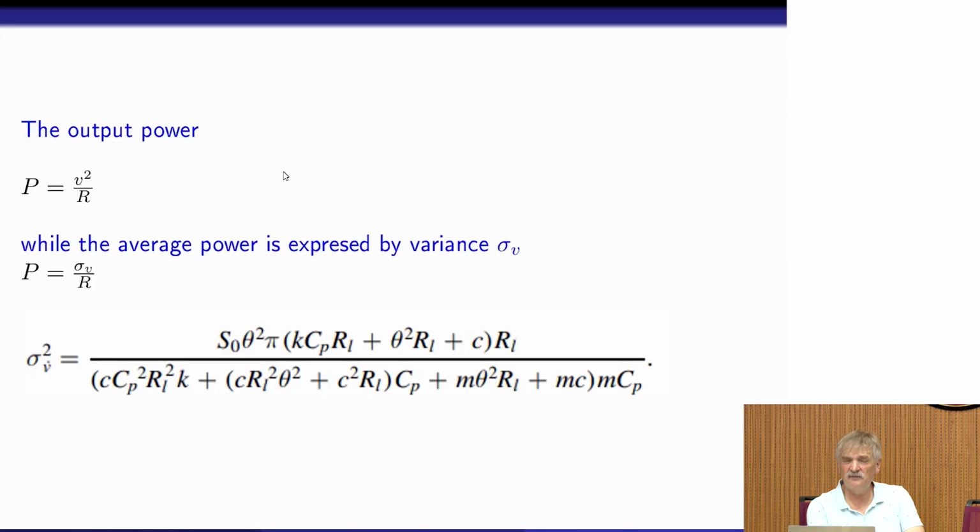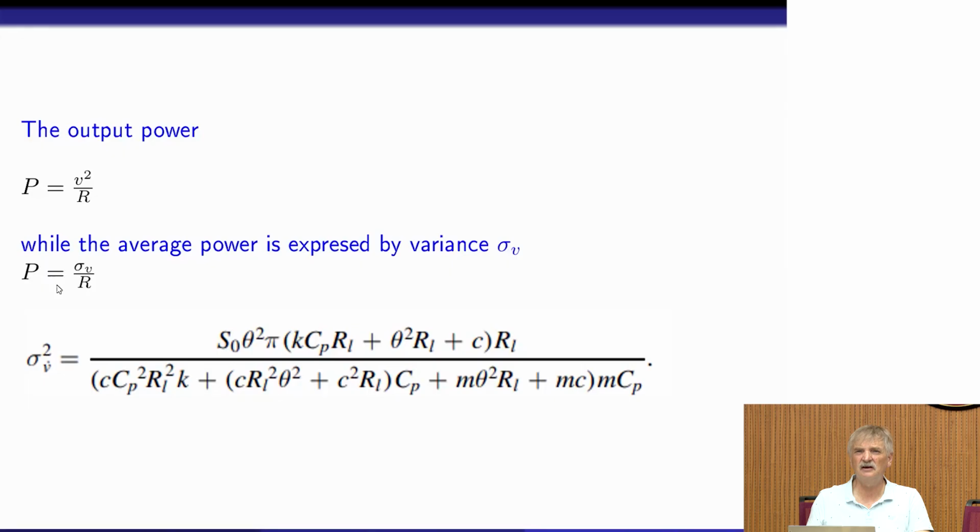So if we have some distribution of voltage, then you calculate variance, and the variance is also appearing in the power. So here there is still some problem, but there is a missing square here. So the missing square is here. So this is the output power.